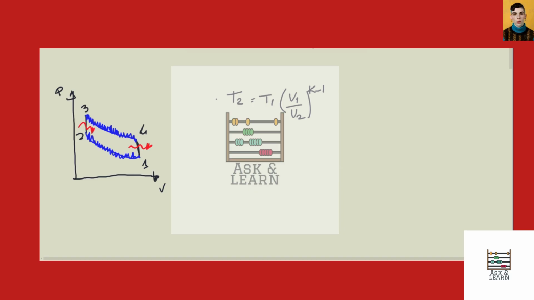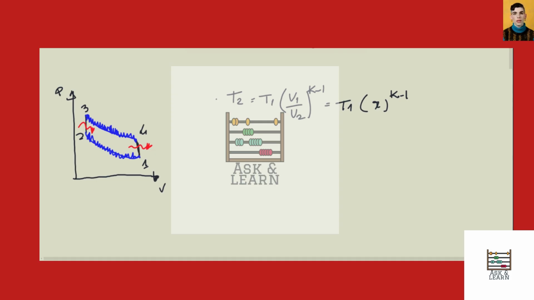So this is the standard isentropic transformation equation, okay? And we must remember that V1 divided by V2 is basically the compression ratio. So this is T1 that multiplies r^(k-1).